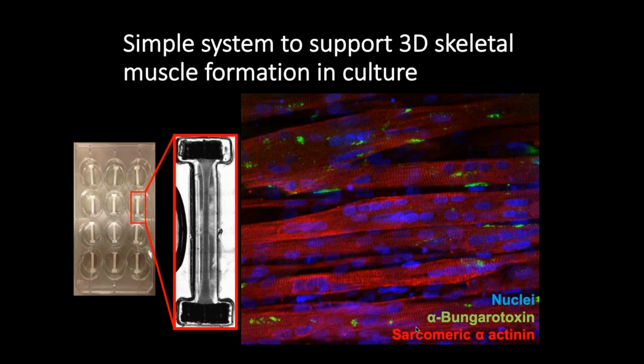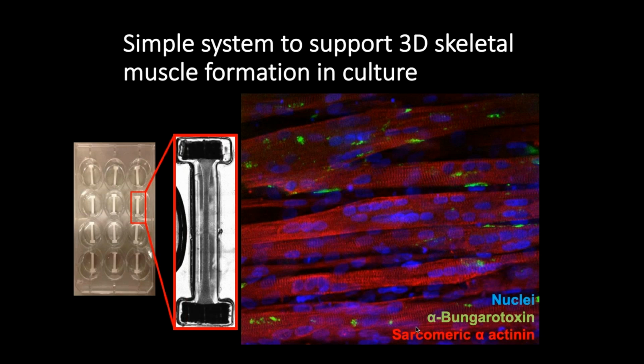And then we place on top of that a white piece of plastic that we've laser etched into the shape of a dog bone, which is placed on top of the first layer of hardened clear rubber. And then we pour an additional layer of liquid rubber on top of this white dog bone and allow that to harden. And then upon removing the small little dog bone piece of plastic, what you're left with is a dog bone shaped depression in each of those 12 wells.